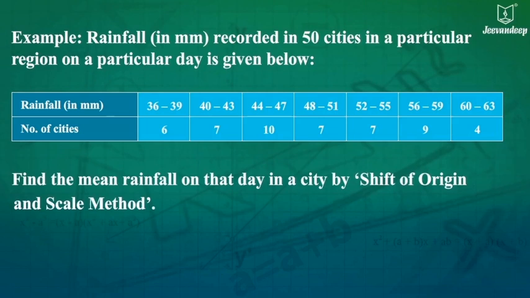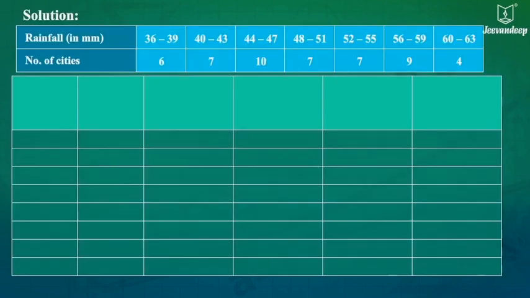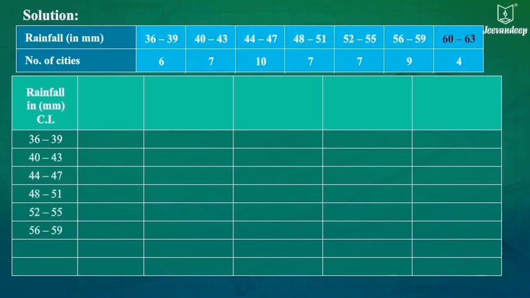Find the mean rainfall on that day in a city by shift of origin and scale method. Draw a table consisting of 6 columns. In column 1, class intervals for rainfall are written, and in column 2, the corresponding class marks xi are written.